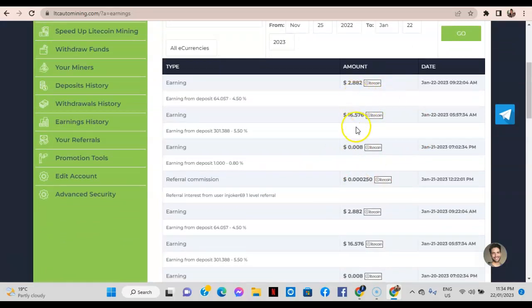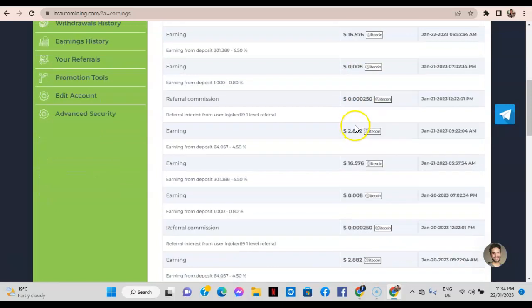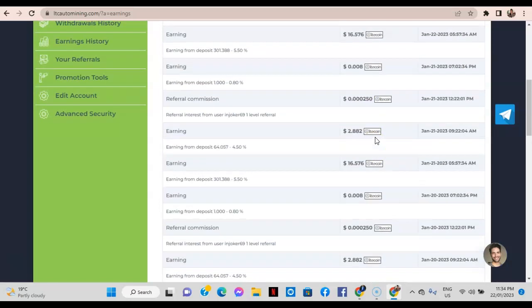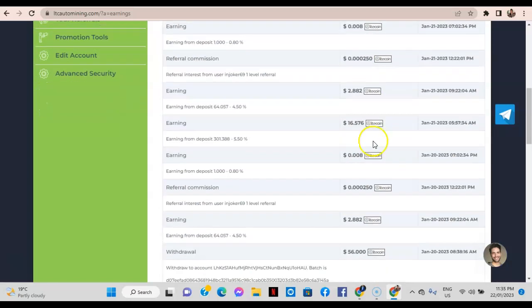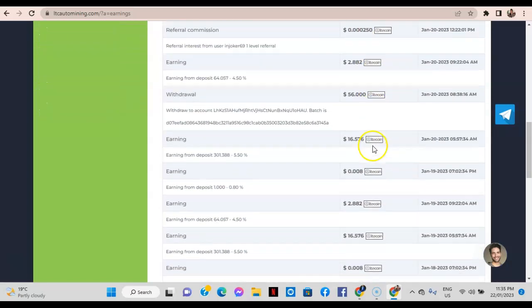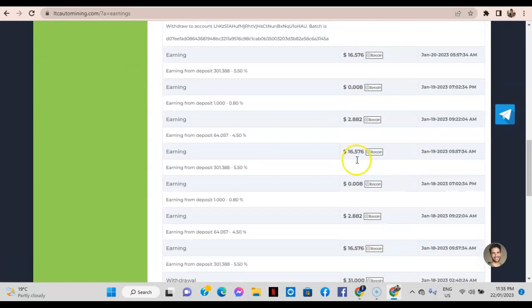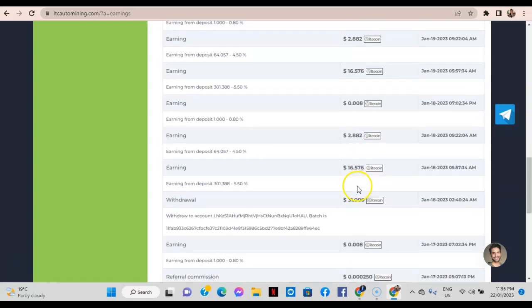This is how much I'm collecting after I have joined. Look here, I'm also getting referral commission from everybody that has joined. But I really must encourage you to invest. It is so important to invest. Now look here at all the amount that they have given me.